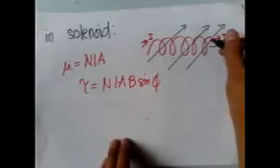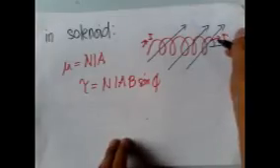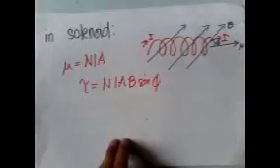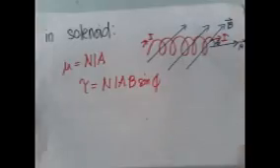Then phi is the angle between the magnetic field and mu. So the magnetic moment vector mu is along the solenoid axis. The torque is greatest when the solenoid axis is perpendicular to the magnetic field and 0 when they are parallel. So the effect of this torque is to tend to rotate the solenoid into the position where its axis is parallel to the field. Solenoids are also useful as sources of magnetic field.